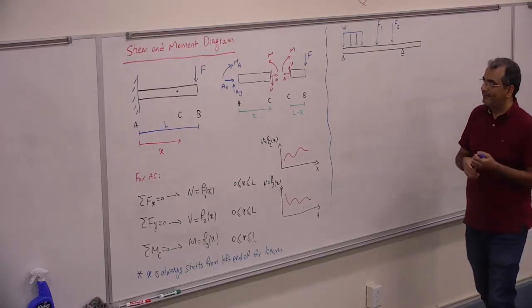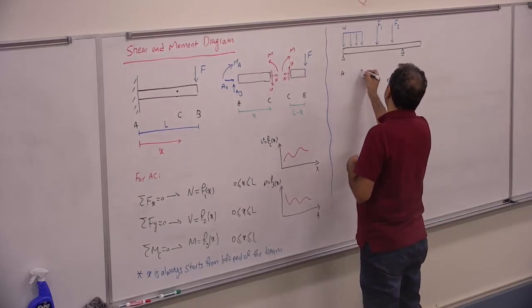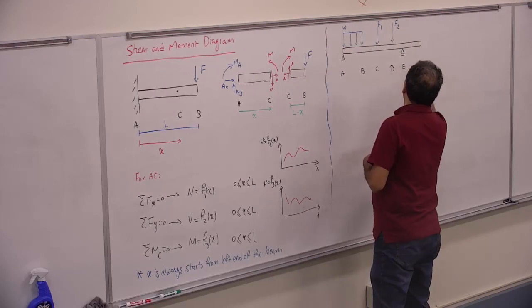Where should I cut? As I said, assume the points are A, B, C, D, E, and F.